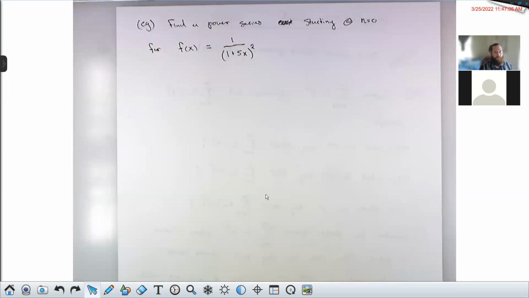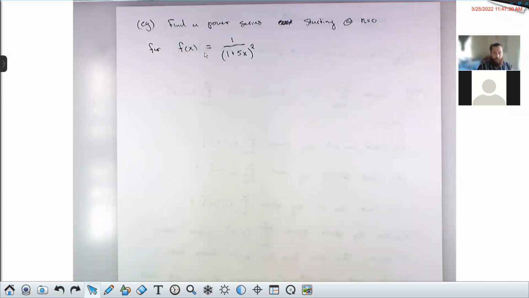So I want to find a series starting at n equals 0, so like sigma n from 0 to infinity, for this function. And the trick here is going to be to differentiate another power series to get the series for this function.